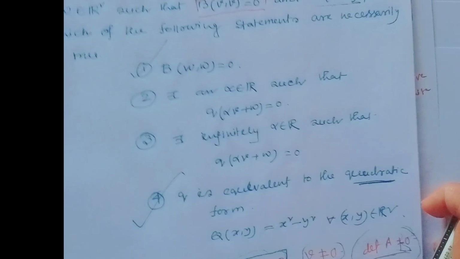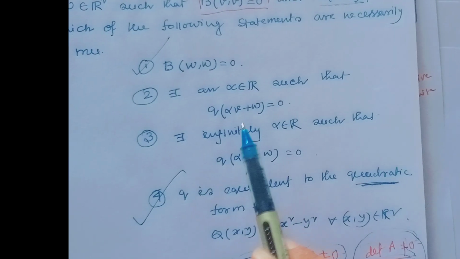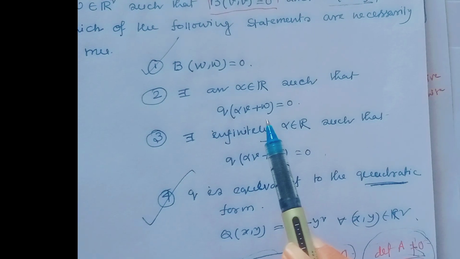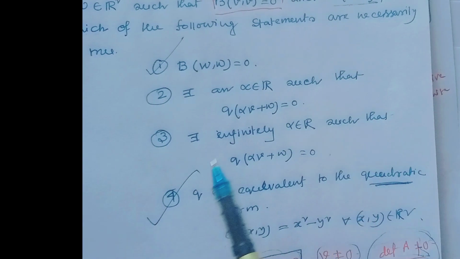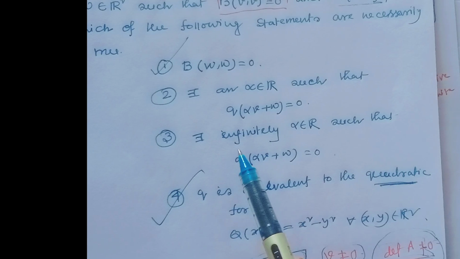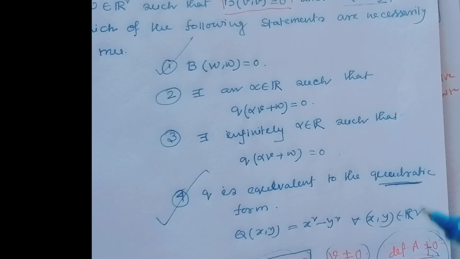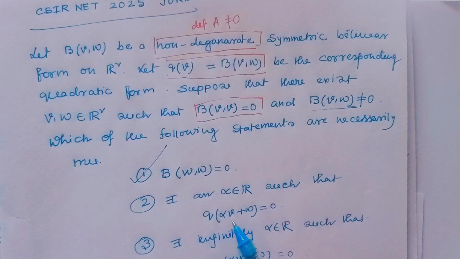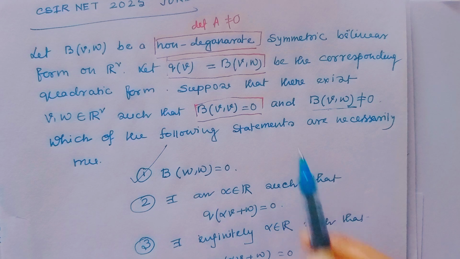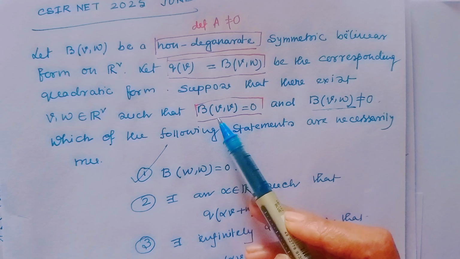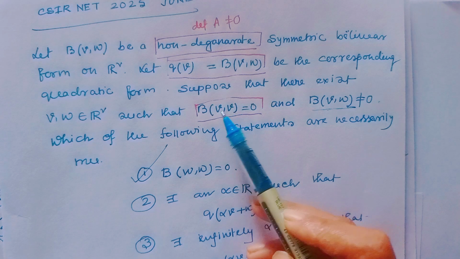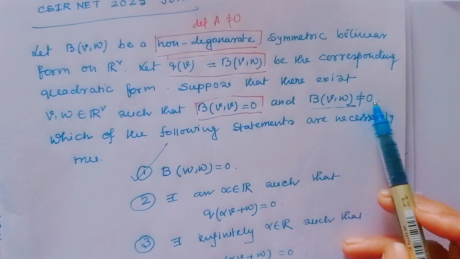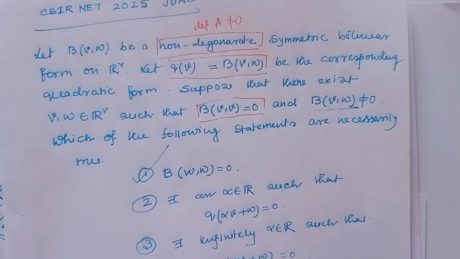Option 2 and 3. Option 2 indicates there exists an alpha belongs to R such that q of alpha v plus w equal to 0, and option 3 indicates there exist infinitely many alpha belongs to R such that q of alpha v plus w equal to 0. Here v and w are those v and w such that the bilinear form of v with v is equal to 0 and the bilinear form of v with w is not equal to 0.